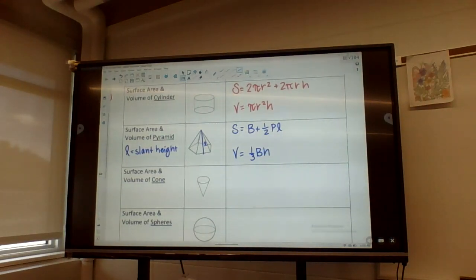And then our volume doesn't use that slant height. So that's the height of the pyramid.